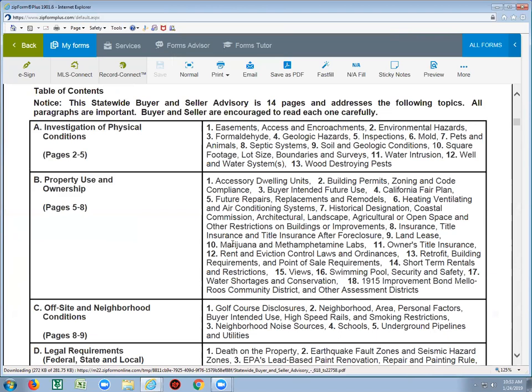How come 305 is stuck? Still looking for a printer. Let's see.